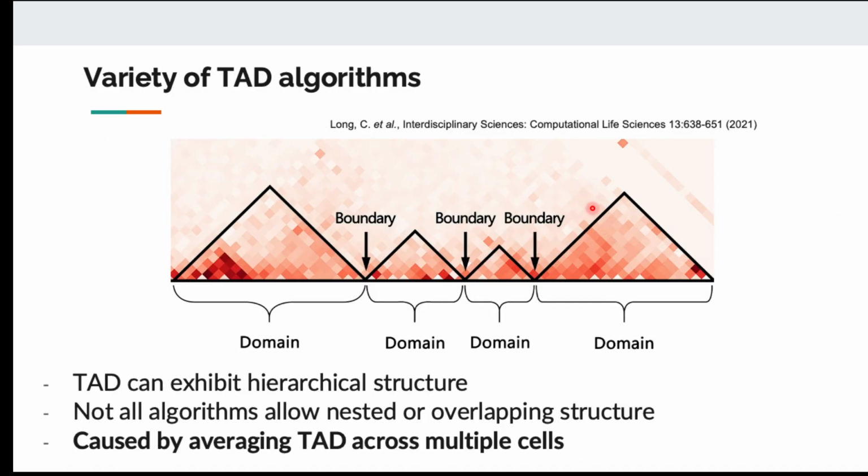So the thing is, the location of TAD in real cells is actually not that clear cut. So in this example, one algorithm might define this TAD. But to your eye, you might think that, well, I might break this TAD down into two TADs instead. It looks like you have one TAD here, another TAD here.